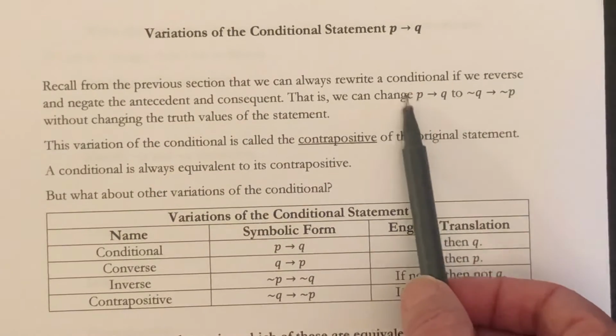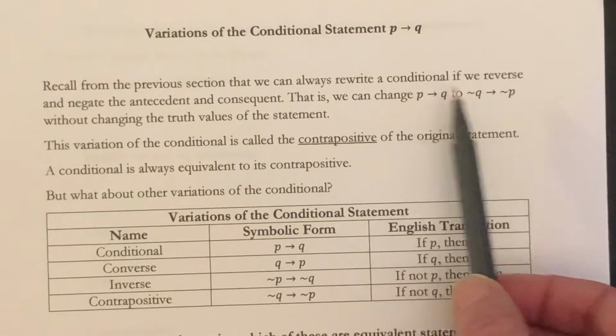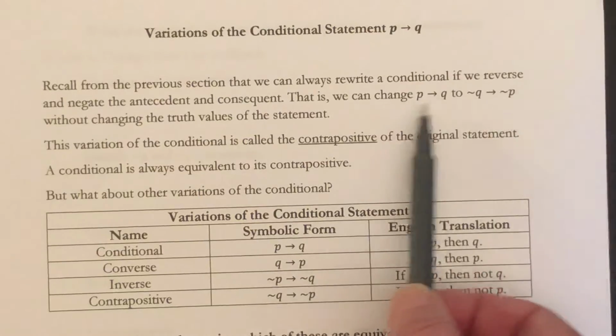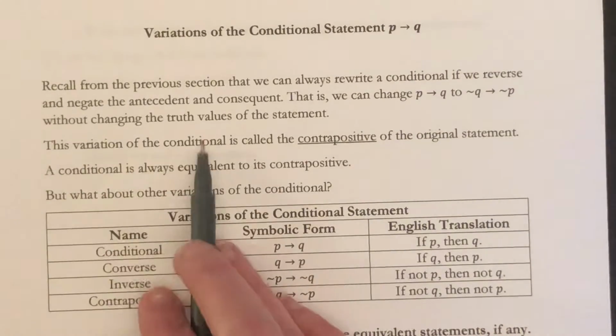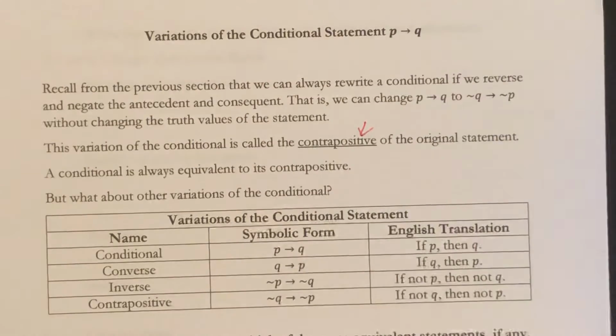So if we have if P, then Q, we can change that to if not Q, then not P. So you flip it around and then you put a not on either of them. And it's equivalent. Okay? This particular variation of the conditional is called the contrapositive. So a conditional and its contrapositive are always equivalent.